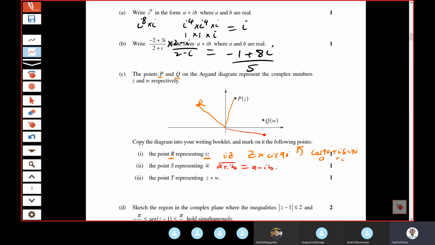Right there, right? Reflected about the x-axis? Well, the a value, is it changing? No, it's the positive ib becomes negative ib. Square both sides.